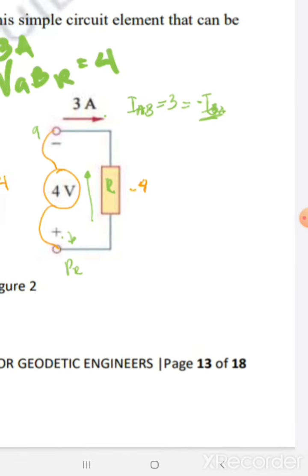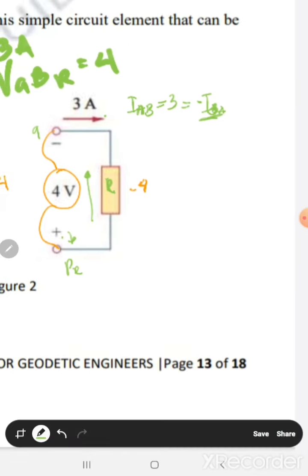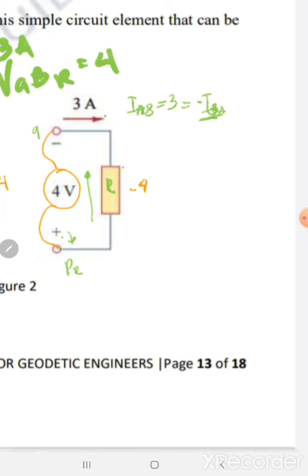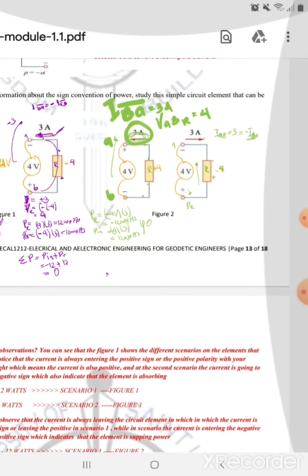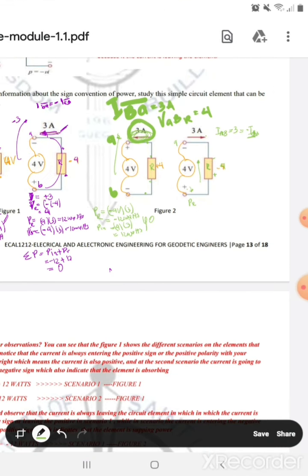So, IAB is equal to 3. And then take note that this is already your negative and positive 4 volts. Sir, why do you always say that the current enters the negative when it is the R? So, take note, assume that your R is always positive. Okay? In the scenario of these examples, our V is given, which is indicated by our voltage source because it is in parallel.